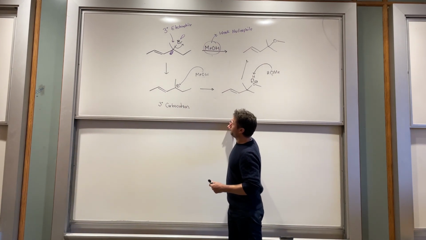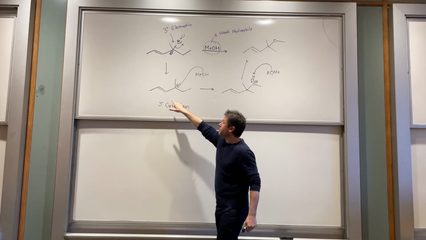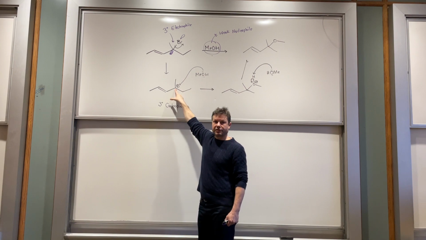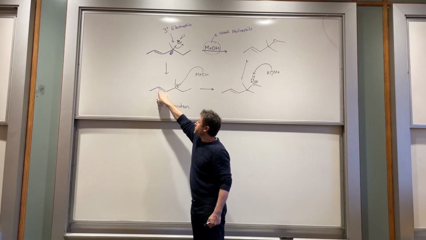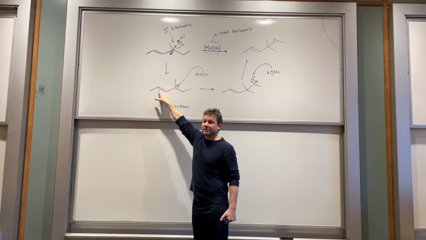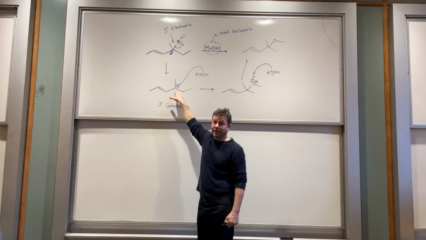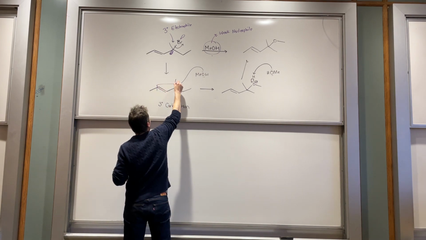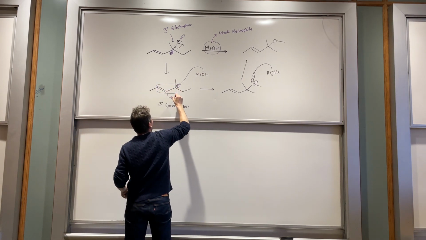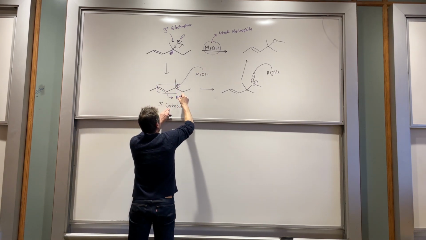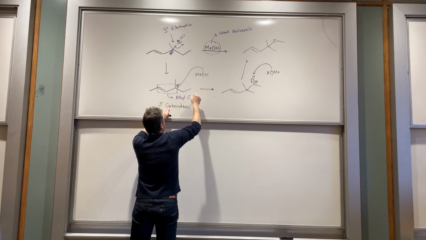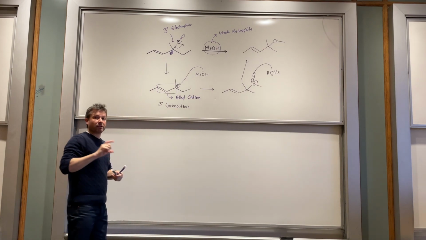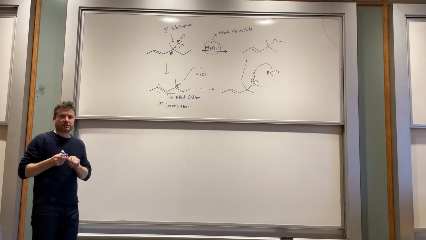If you look at the structure of this tertiary carbocation, you can see that it's going to be a stable carbocation because it's tertiary. We also have a pair of pi electrons in conjugation with that empty p orbital. Hopefully you could look at this 3-carbon system and identify that as an allyl cation, and draw a resonance structure that reflects the relationship between those pi electrons and the empty orbital.